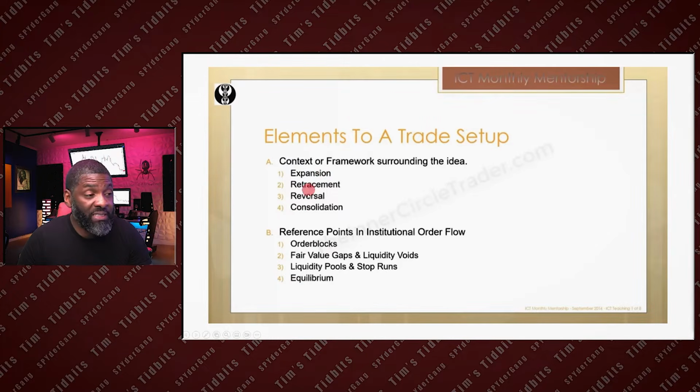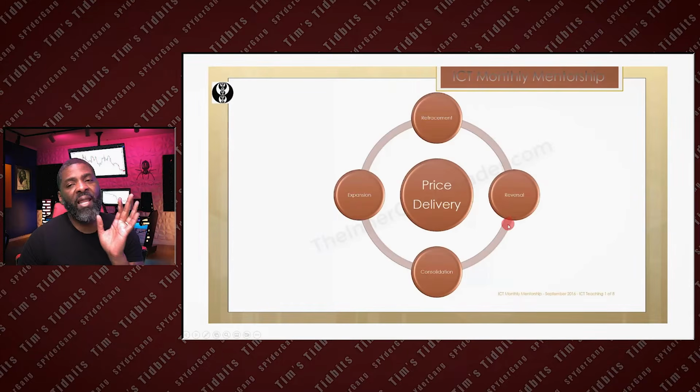So once you figure out what state the market is in, expansion, retracement, reversal, consolidation, you can then start to use PD arrays. You know which PD arrays, should I say, to start to look for to try to plan your trade setup. Now, before we get into tying the PD arrays to the different market states, let's look at the relationship of the market states using what I like to call IPDA's behavior, if you will.